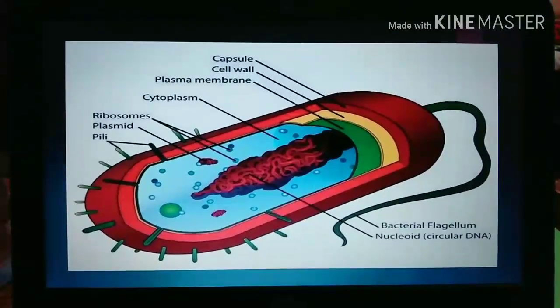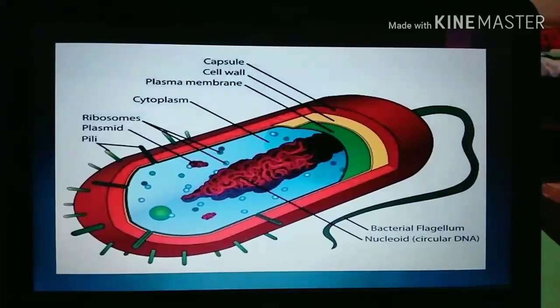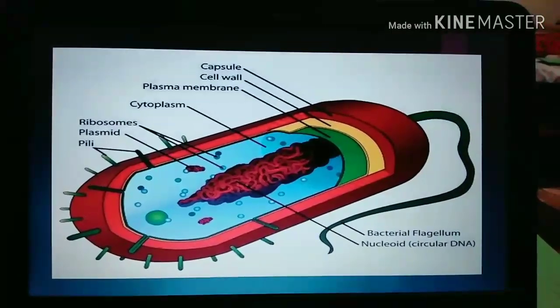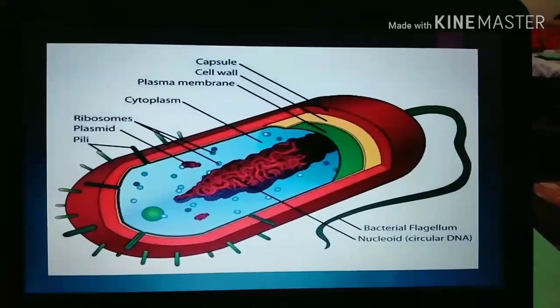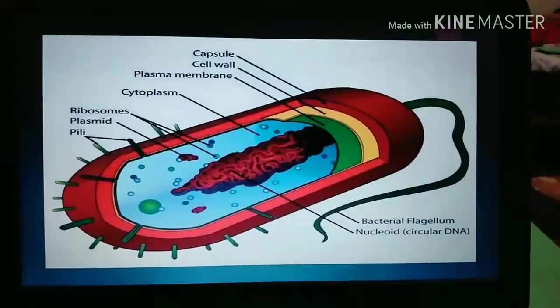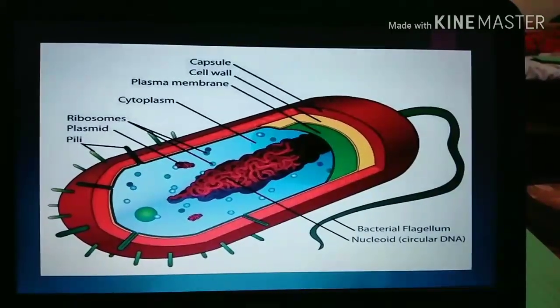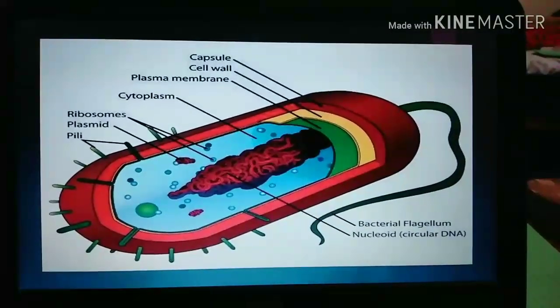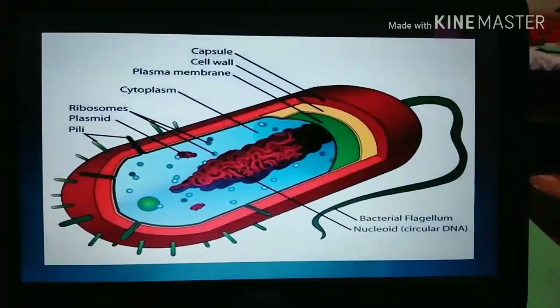Some prokaryotic cells also have other structures like the flagella and pili. Each of these structures and cellular components plays a critical role in the growth, survival, and reproduction of the prokaryotic cell.